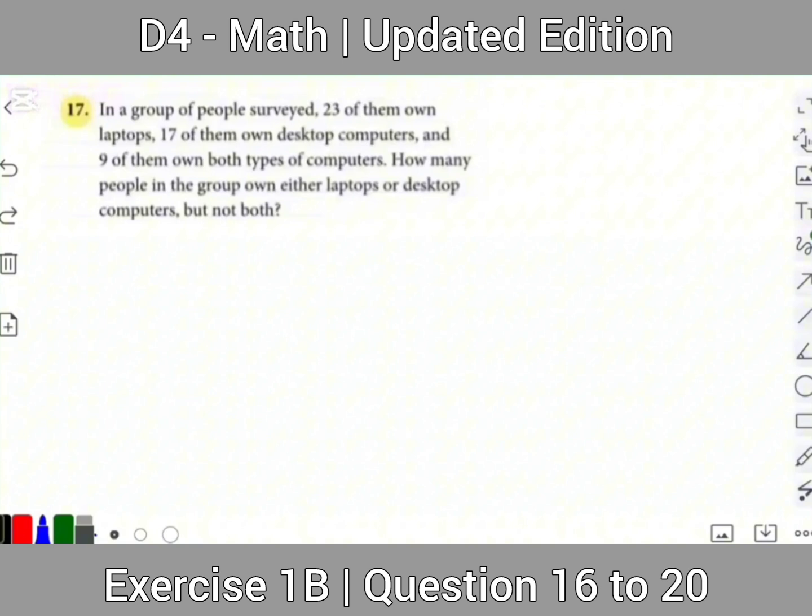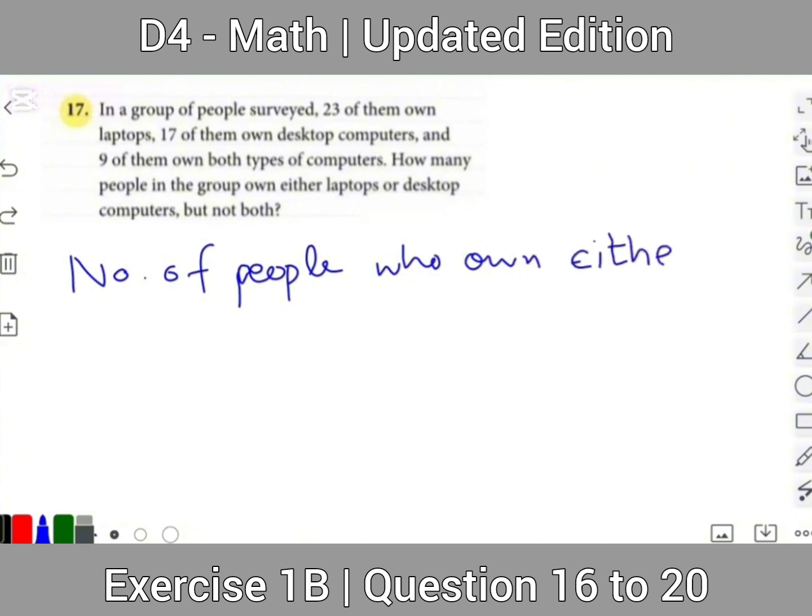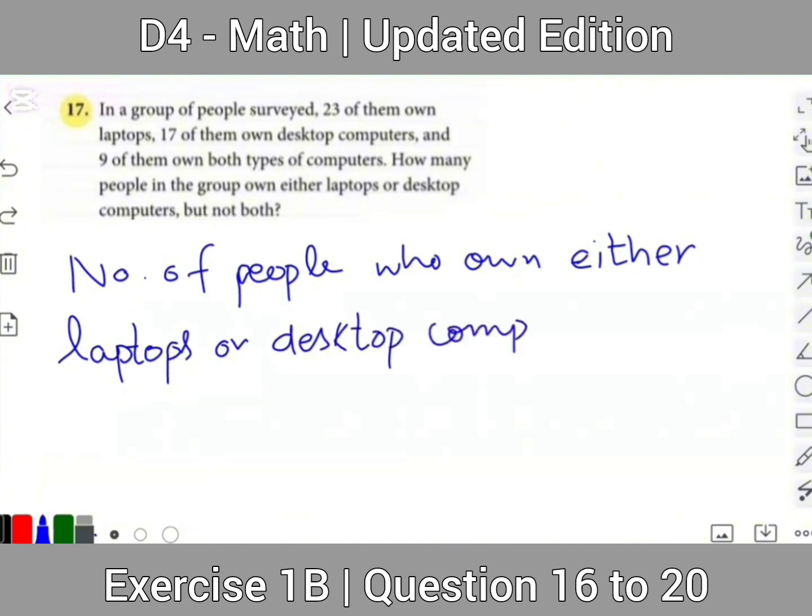Now we will find out the number of people who own either laptop or desktop computers, but not both.